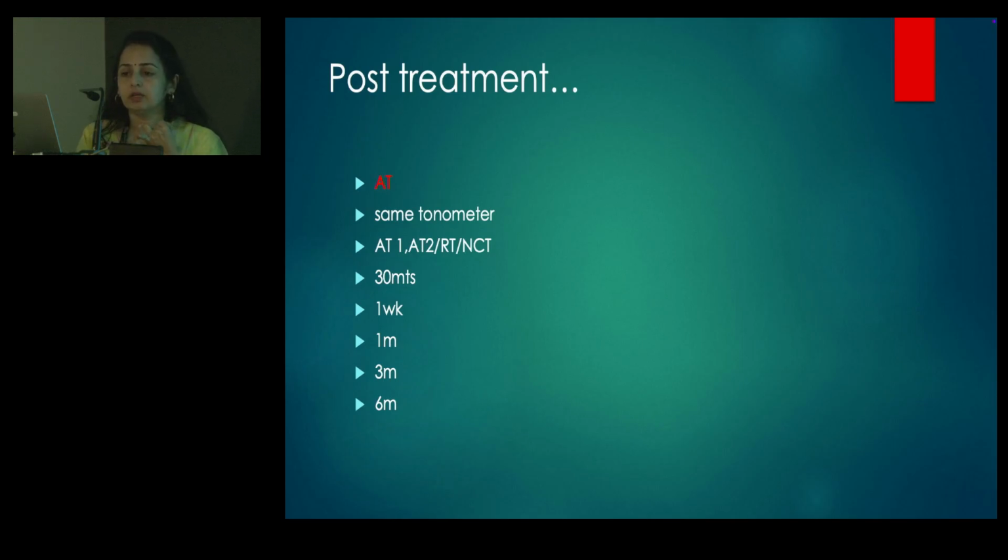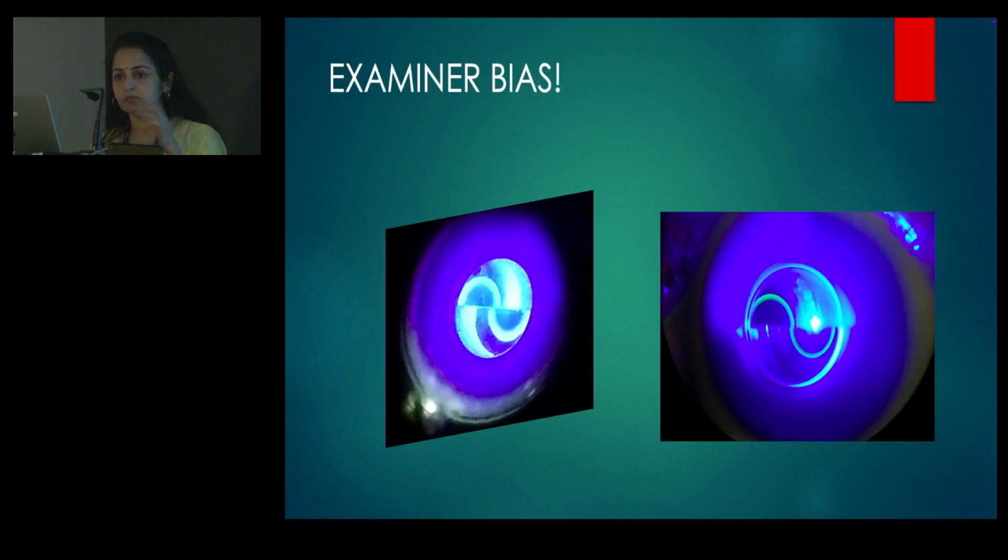Then I do it after 30 minutes, then after 1 week, 1 month, 3 months and 6 months. We have 2 years data and many a times there will be variations which should be recorded properly. Then there may be examiner bias also. Always the same examiner better to record because for some people wider Myers and will be their endpoints.